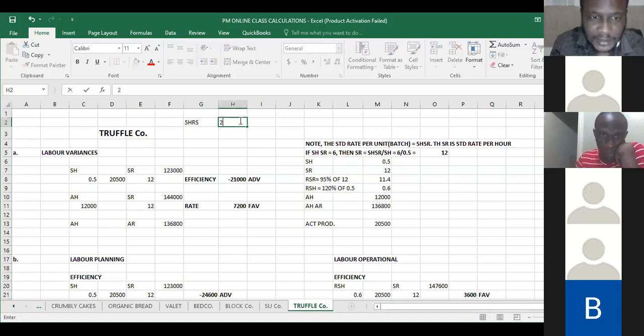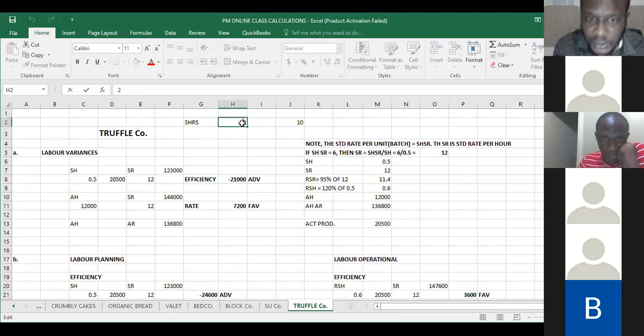$2 is my standard price, and $10 is my standard price. Now, this 10 is the standard rate per hour, and this 2 is hours per unit. If I put dollars now, I'm afraid it will start disrupting things.